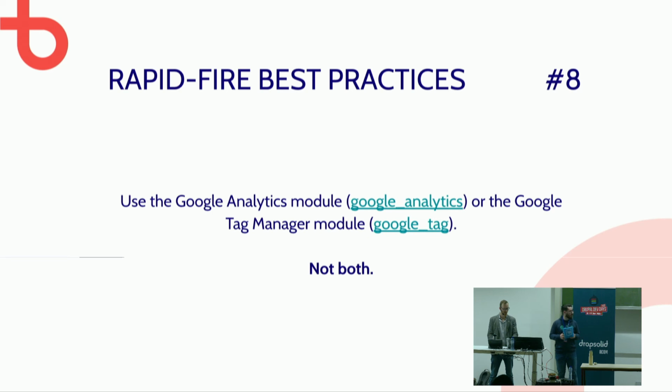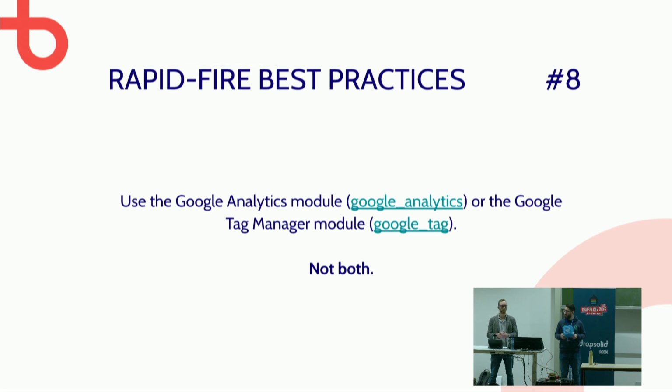Also, something very simple: use the Google Analytics module. If you use Google Analytics, use the Google Analytics module or the Google Tag Manager module, not both. You could set it up that you use Google Tag Manager for, I don't know, Hotjar tracking or other tools or Facebook pixels that you add, and you say, well, I will keep Google Analytics in my Google Analytics module and just use both.